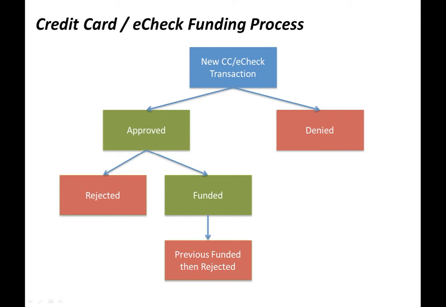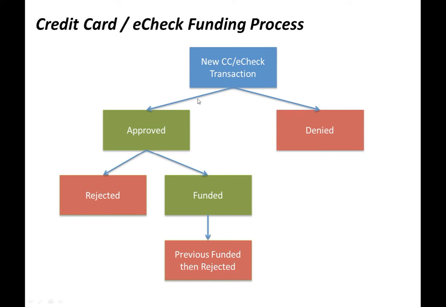Now, if it's a credit card transaction, typically it's going to be denied if they're over their credit limit, or if it's a bad credit card number, or if the account's closed. If it's an ACH transaction, it's probably going to be denied only if it's a duplicate transaction or if it's a bad bank routing number or something like that. But most e-checks will approve right off the bat.